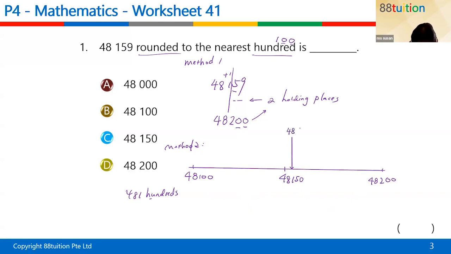So 159 is nearer to the 200, right? So your answer will be 48,200. Remember, always follow the instructions, nearest 100. Close your bracket. Okay, so that goes for C.